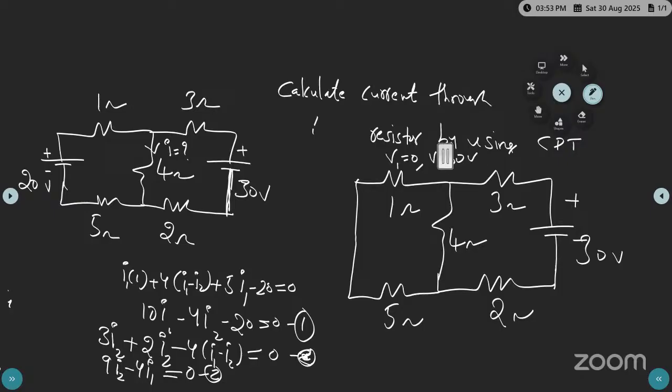One voltage source is active, all other sources inactive. V1 is inactive, V2 is active. In the first step, V1 had the value and V2 is 0.